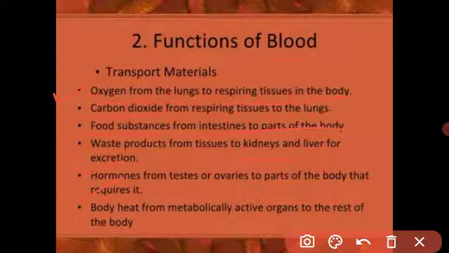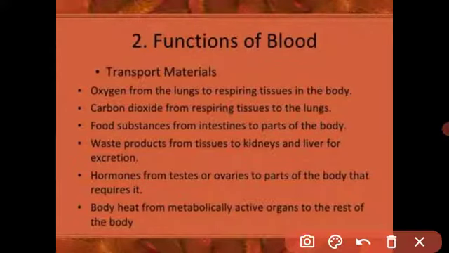So it is very important to pass them to the target organ through the blood. The hormones are transported to each part of the body, and another function is that the blood also regulates the body temperature. Understood, student?